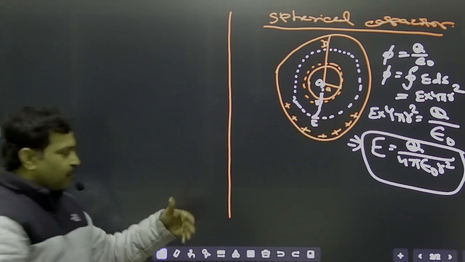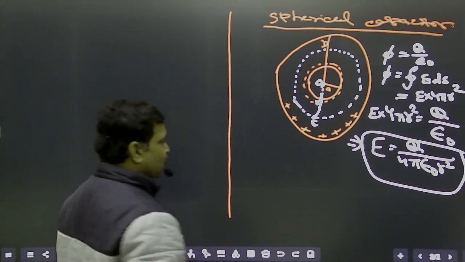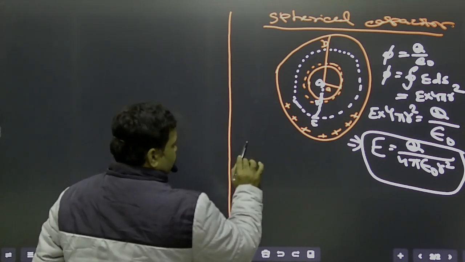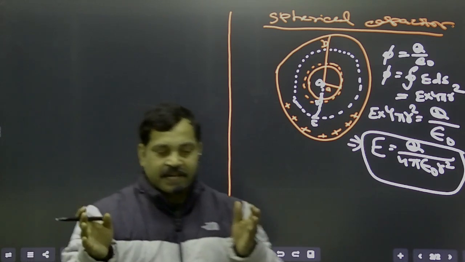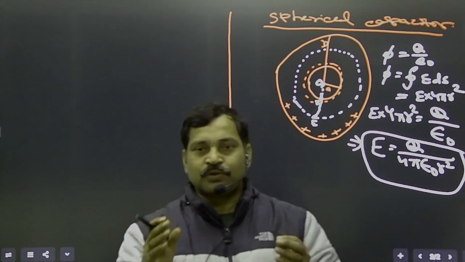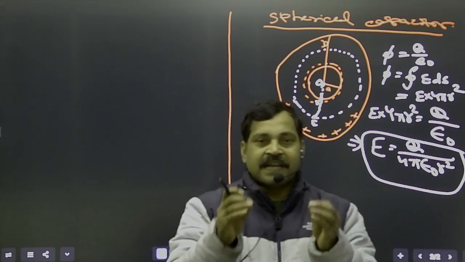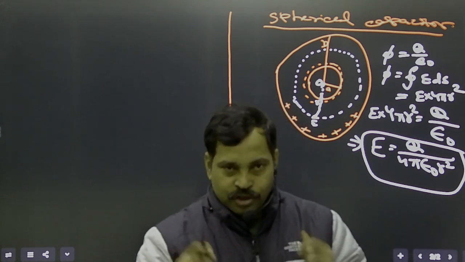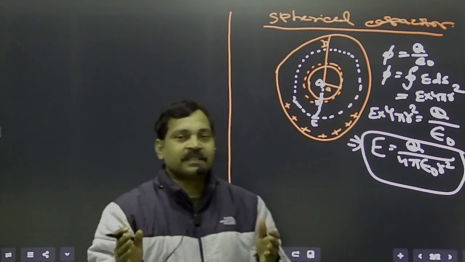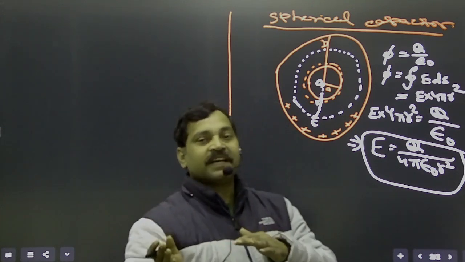Now I can find V also. We know the relationship between electric field and electric potential: the electric field intensity is the negative potential gradient, or the electric potential is the negative of the line integral of the electric field intensity.